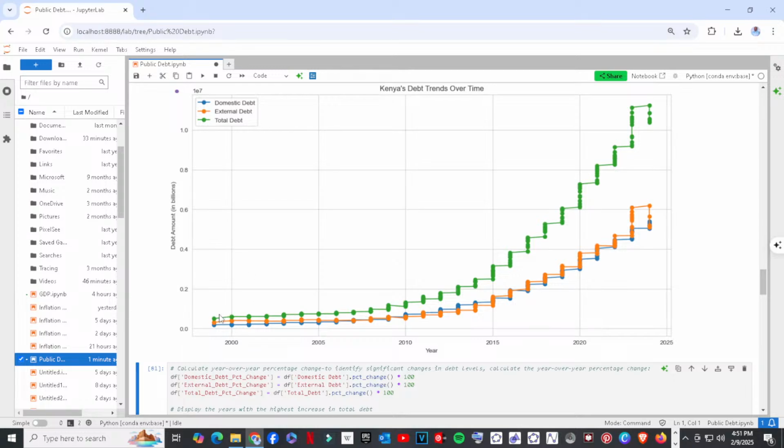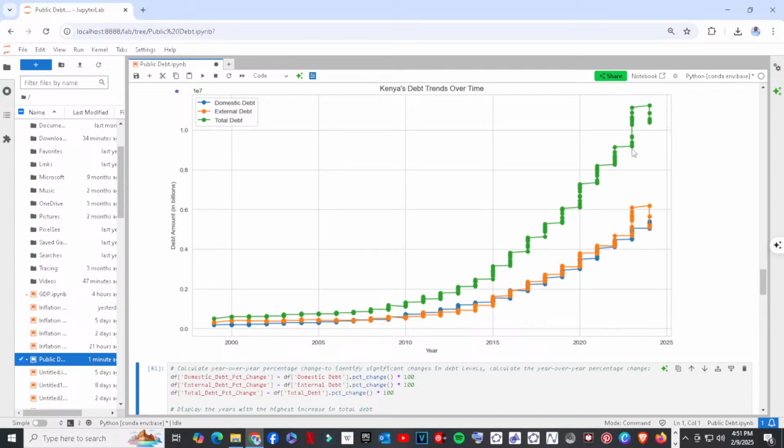As we can see, the total debt is ever above the other two curves, because total debt is given by external debt plus domestic debt. So as can be seen, we see heavy external borrowing, which deviates from what we know.